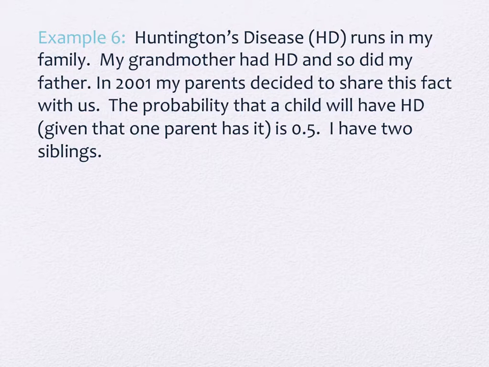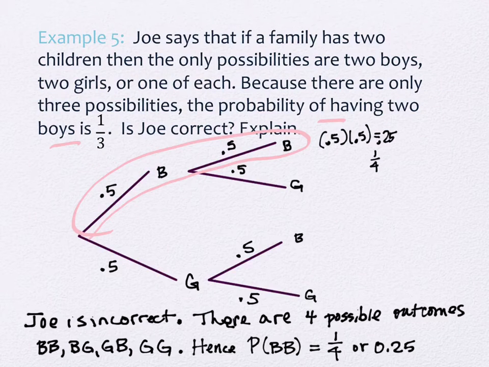The probability that a child has Huntington's disease, if your parent has it, is actually 0.5. So my grandmother had Huntington's disease, and my dad is one of her children, and my aunt is the other one. So my dad had a 50-50 shot of having the disease, and my aunt also had a 50-50 shot of having the disease, kind of like our last diagram with the 50-50s everywhere for gender.